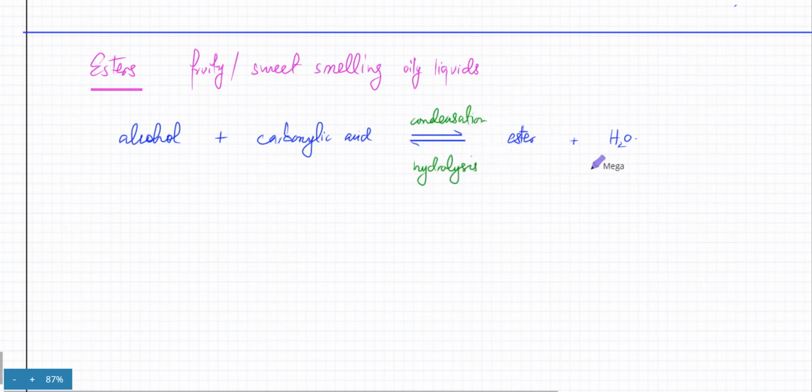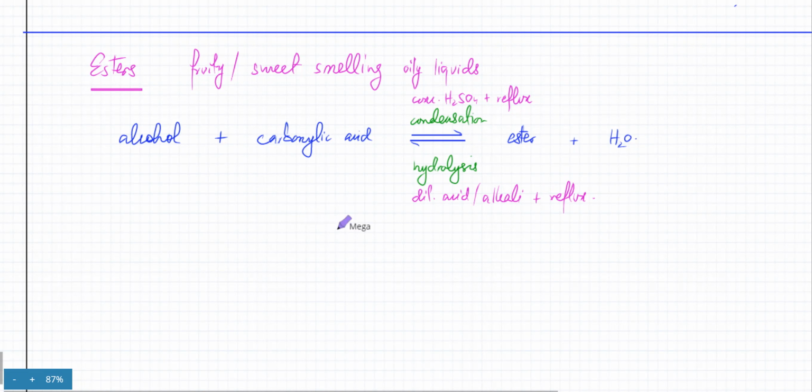For condensation, the conditions are that you need concentrated H2SO4 and you have to reflux. To break down an ester, you need a dilute acid or alkali, and you use reflux. So those are the conditions for this reaction.